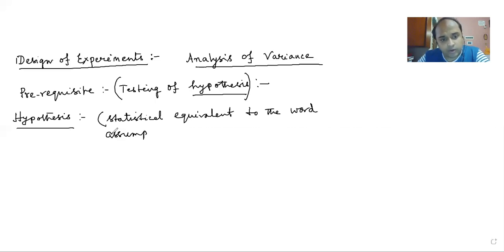As we always say, we assume something. We assume that system, we assume that thing. In statistics we also assume, and that assumption is actually called hypothesis. So these two words are equivalent to one another.